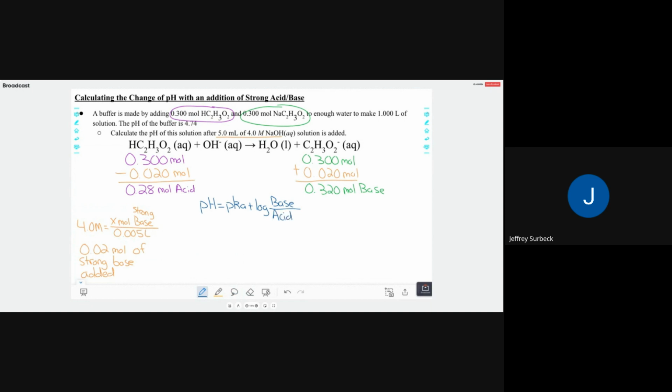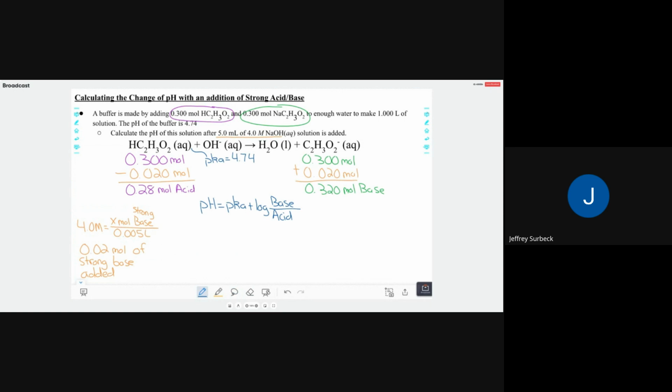Are you guys okay if I just give you the pKa of acetic acid? If I take the negative log of its Ka, I get a value of 4.74. So I'm just going to write that down. The pKa is equal to 4.74.